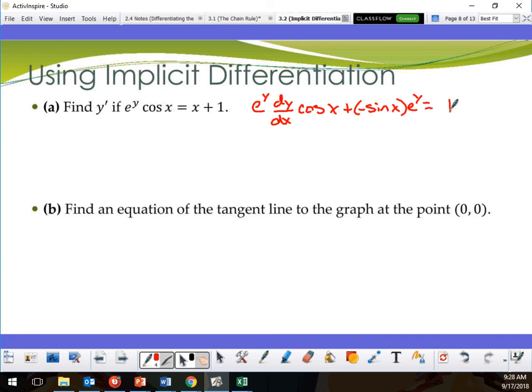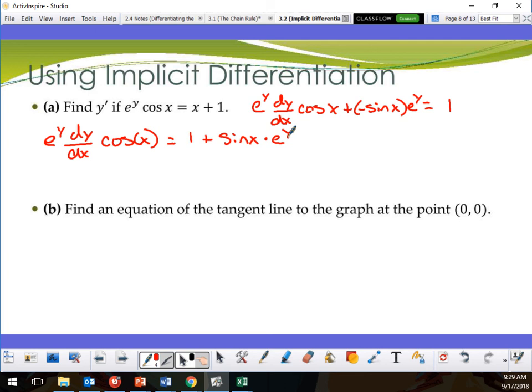So e^y dy/dx cosine of x, and that's a minus, so it's going to be a plus on the other side: equals 1 plus sine x times e to the y, right? And I'm trying to get dy/dx by itself.